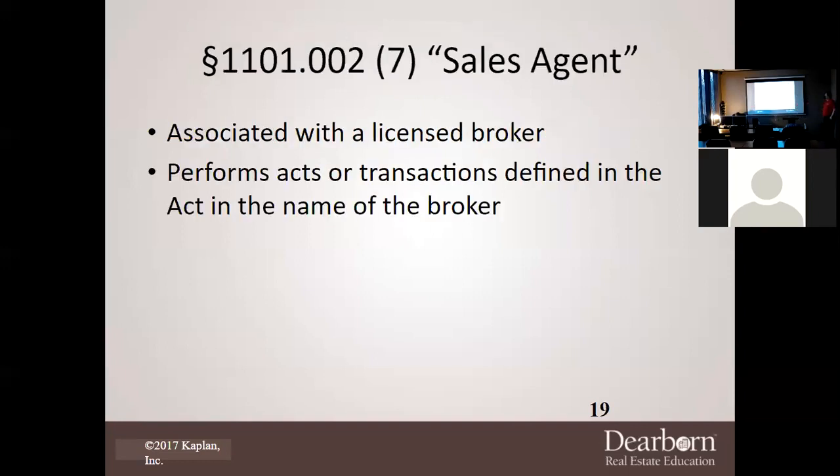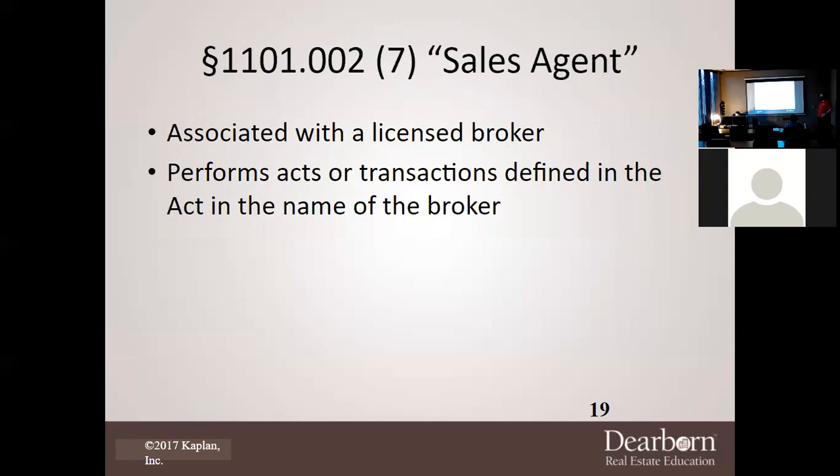Now, what about a sales agent? This one I know is rocket science. Aiden, I'm going to come back to you again. What's a sales agent? Somebody who's licensed and able to act on behalf of a broker, sell and buy real estate.